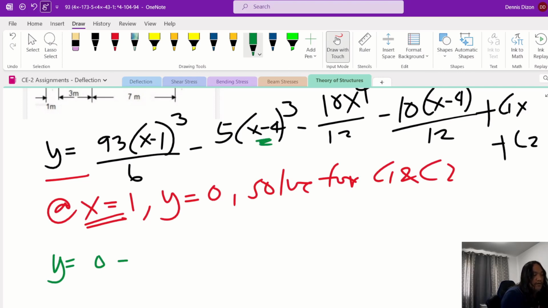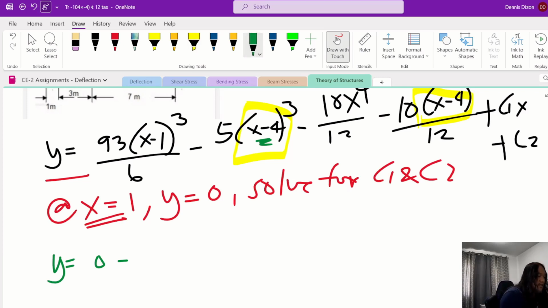Now in calculating for this one, if this term will yield a negative value, say for example x is 1, 1 minus 4 is minus 3. If it yields a negative number, you will disregard that in the calculation.